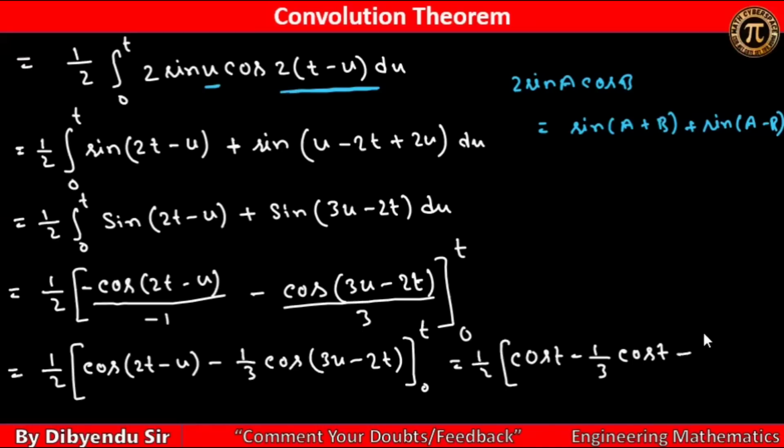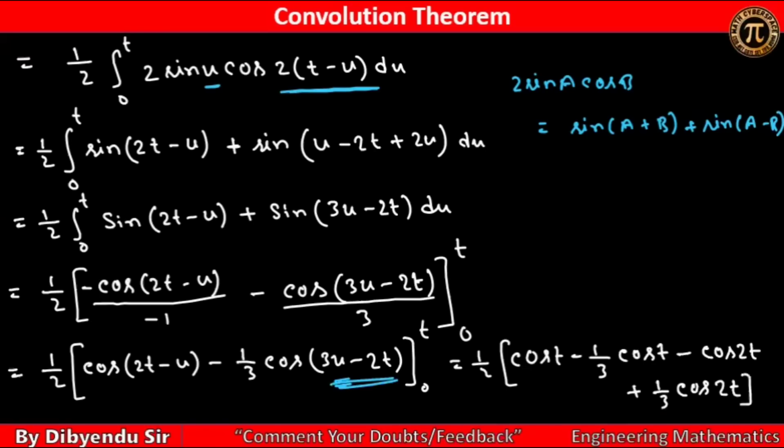So this will be cos 2t plus 1 by 3 cos of minus 2t. Yes or no? If I put u equals to 0, you are getting cos of minus 2t, and cos of minus 2t and cos of plus 2t are both the same. So I am writing cos 2t.